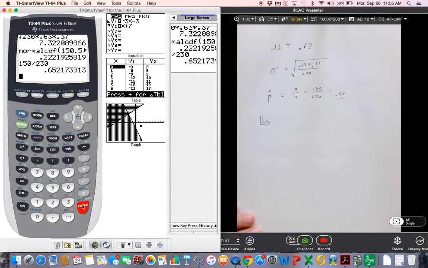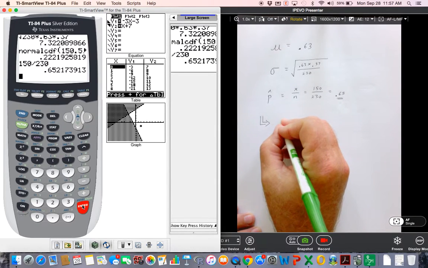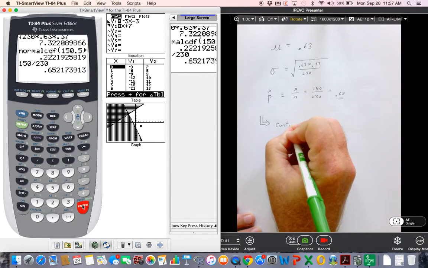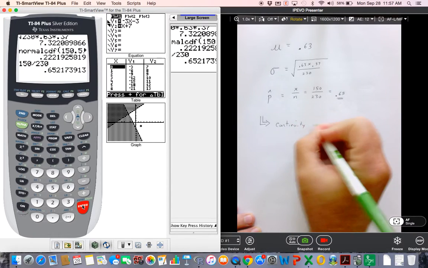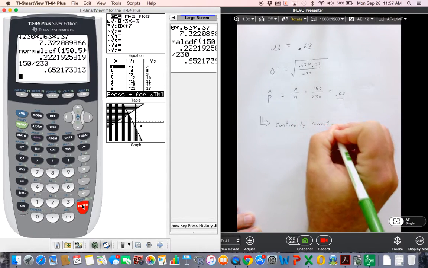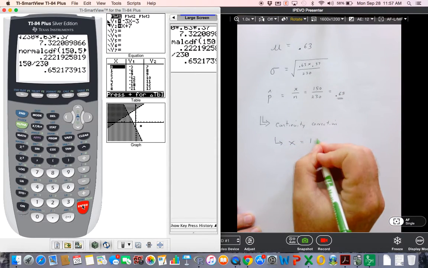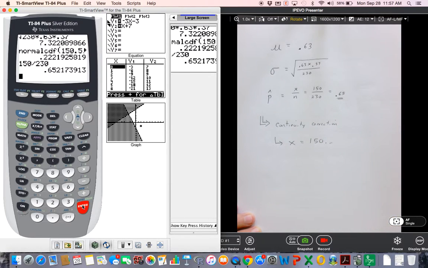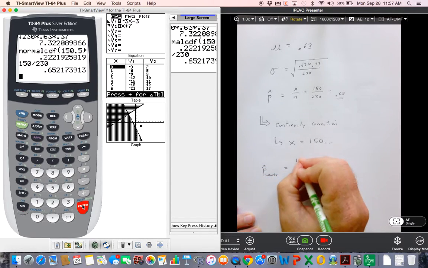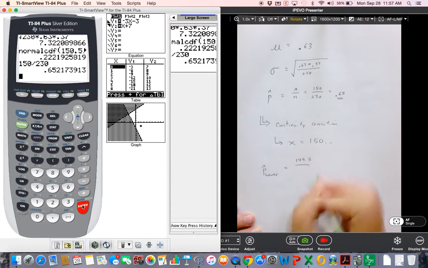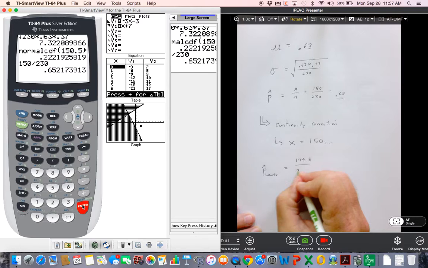All right. Guys, we still got to implement the correction. So we still got to implement the continuity correction. Which still focuses on the x out of 150. So we have a p hat lower, which is 149.5 out of 230.